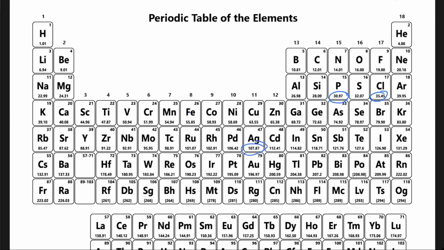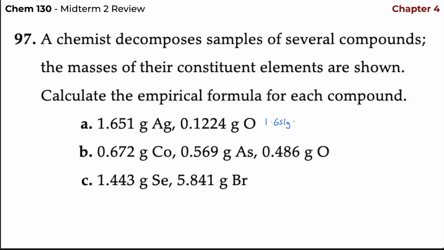107.87, so this is 107.87 grams per mole, right? Now we're trying to cancel out the grams, so we have to put this on the bottom to cancel this out. That means we have to flip it over and turn it into a fraction.